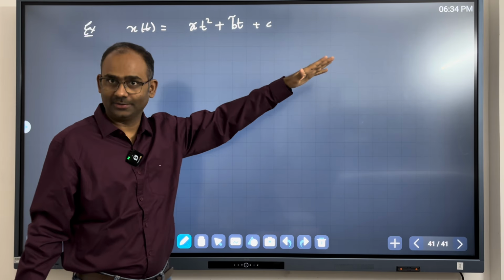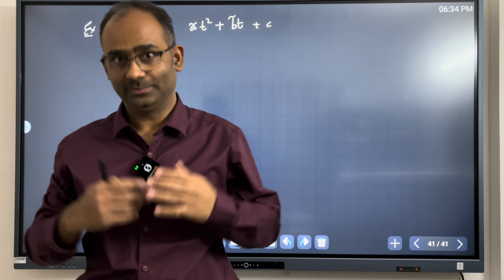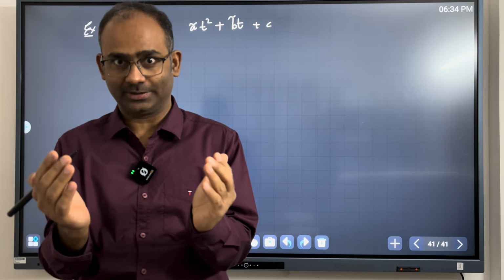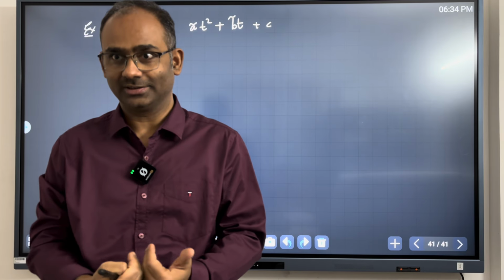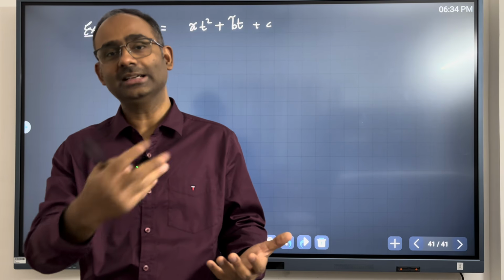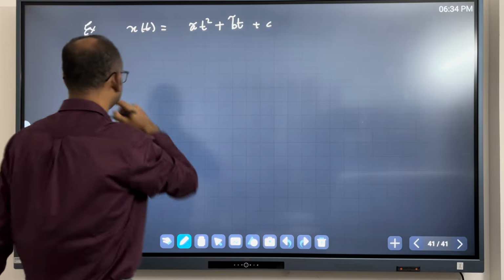So that becomes linear. Now if I take the second derivative, meaning I take the derivative of that linear expression, that will give you a constant, which means the acceleration, which is the second derivative of position, will be constant. Is that okay? So let's do that.